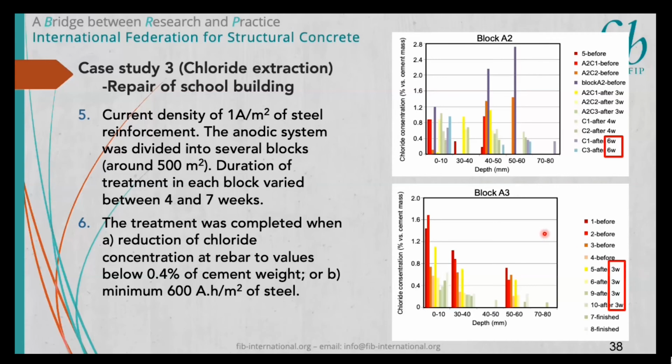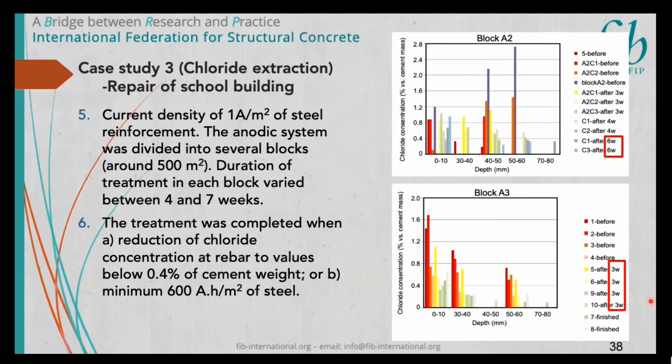Applied current density was 1 ampere per square meter of steel reinforcement. The anodic system was divided into several blocks. Duration of treatment in each block varied between 4 and 7 weeks. For example, for block A3, it was 3 weeks, while for block A2, it was 6 weeks.